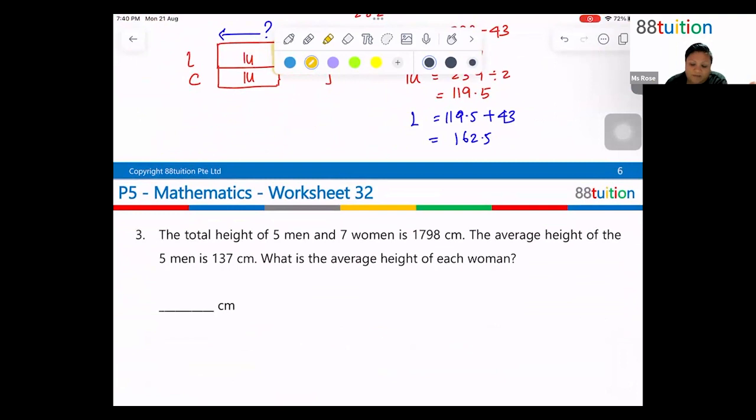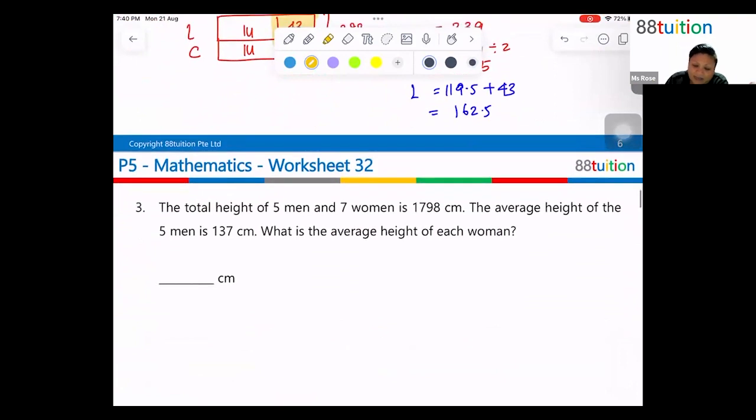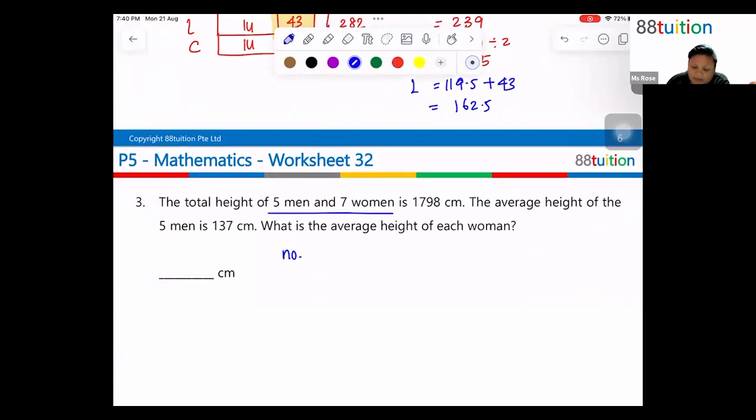Now, from here onwards, we talk about average. We agree that if I take the number of items, in this case the number of people, how many? 12. So there are 12 people, and the total height of 12 people is 1,798.